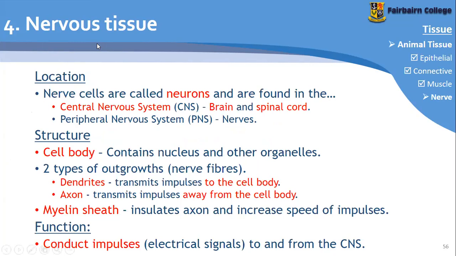So nervous tissue is basically your brain and all of the nerves that run to the different parts of your body. That's nervous tissue. Nerve cells are called neurons. A single nerve cell is called a neuron. We find this in your central nervous system, which is your brain and your spinal cord, and then also in your peripheral nervous system, which is the nerves.